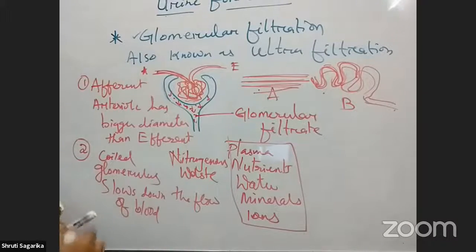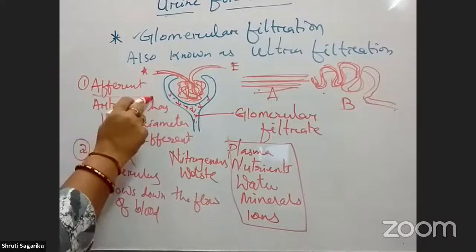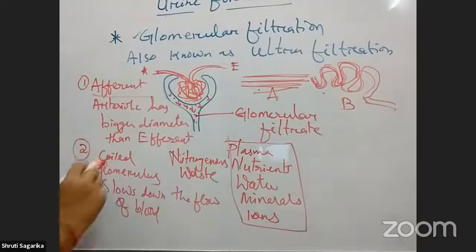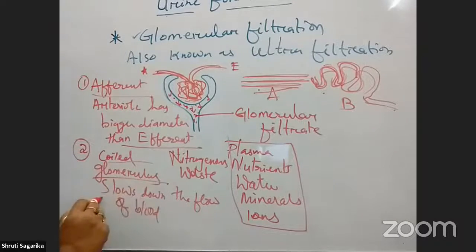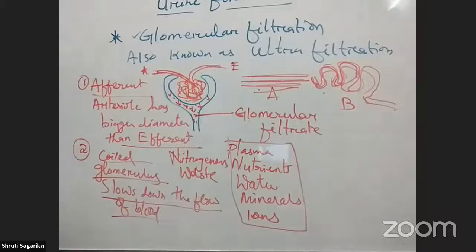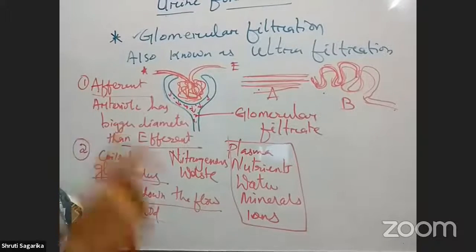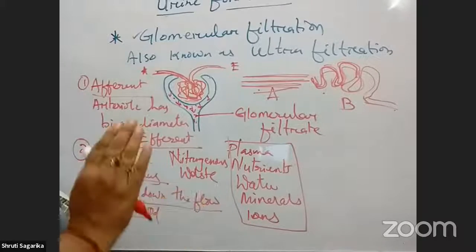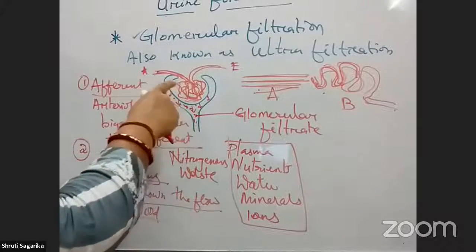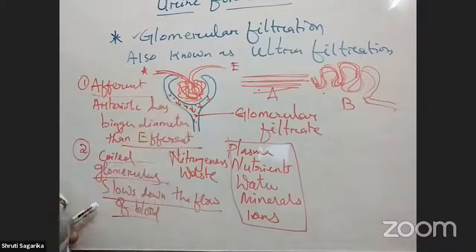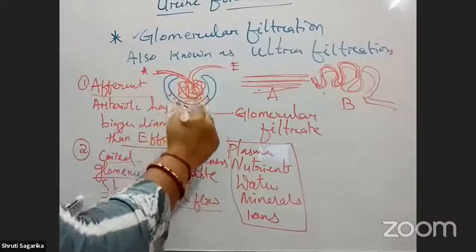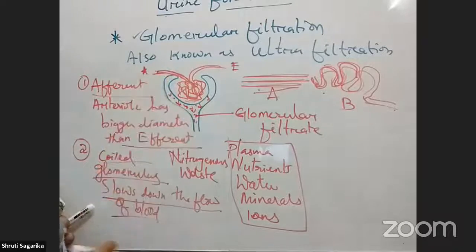So two reasons for the pressure which is created in the glomerulus. What are the two reasons? First reason, afferent has larger diameter than efferent arteriole. Clear? Second is the coiled glomerulus slows down the flow of blood. So both combinedly work together to create a pressurized condition in the glomerulus, and that squeezes out the plasma from the capillaries.